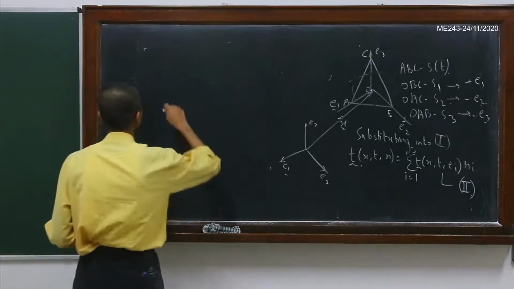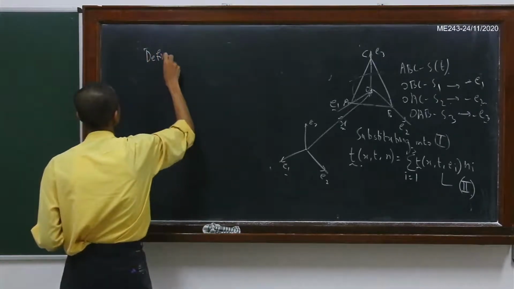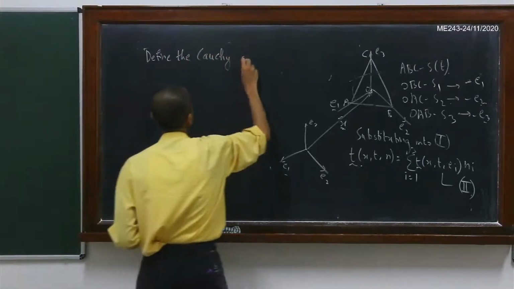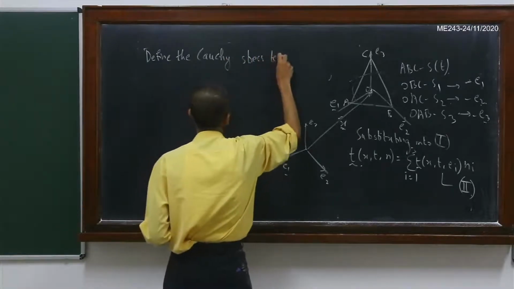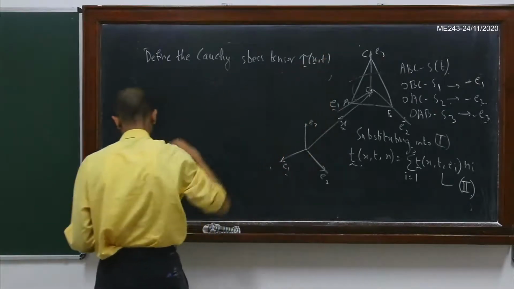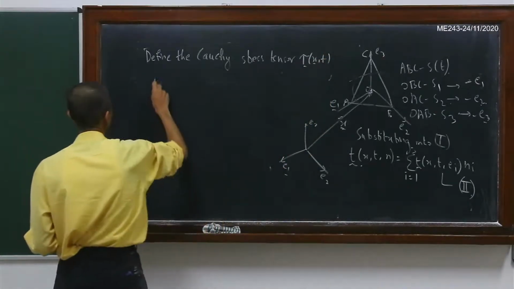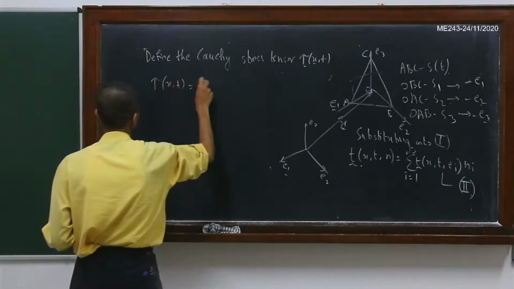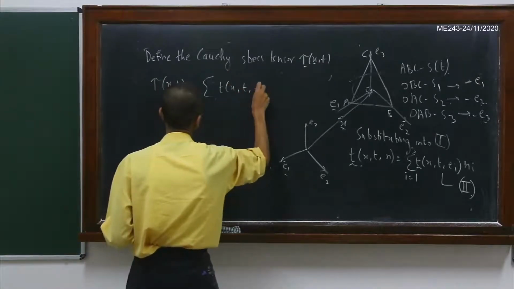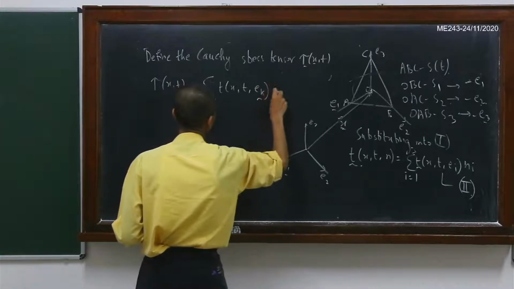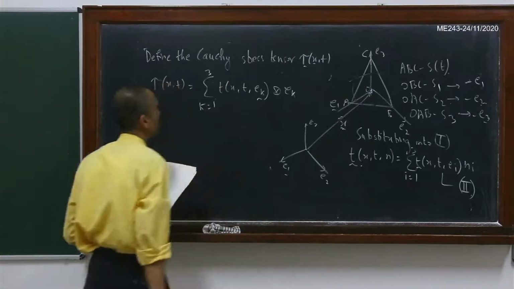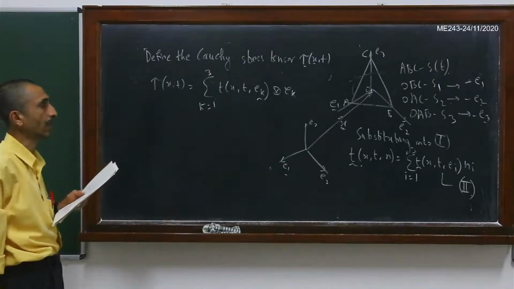So now define the Cauchy stress tensor tau of x, t as tau of x, t is the summation of t of x, t, e_k dyadic e_k, for k equal to 1 to 3. So you define the Cauchy stress tensor in this particular way.